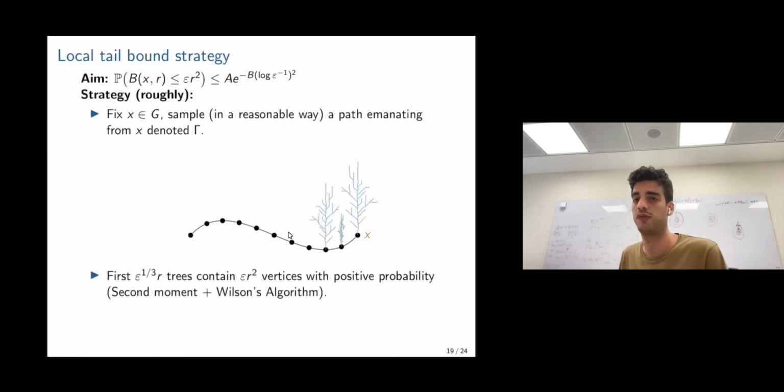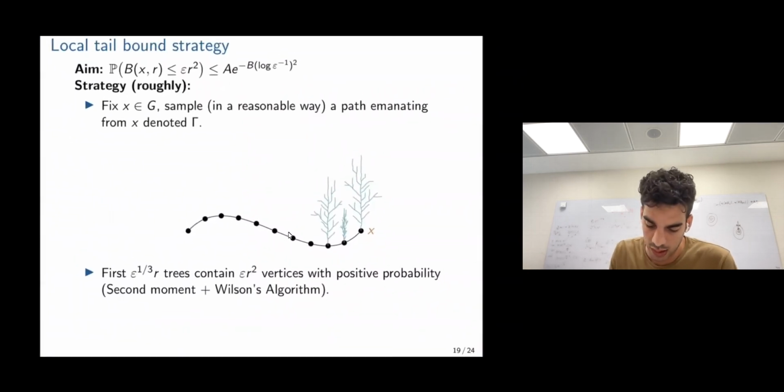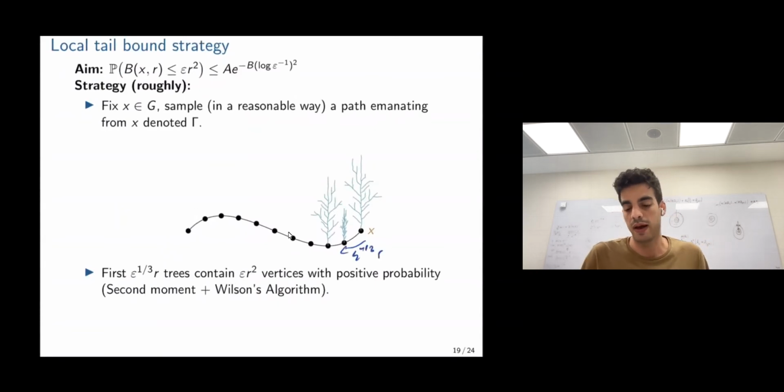So at the first step, we look at these epsilon to the 1/3 r trees. And we know that in expectation, the number of vertices they will have in the first r/2 levels will be much larger than epsilon r squared. So we ask, do we see on these trees at least epsilon r squared vertices?